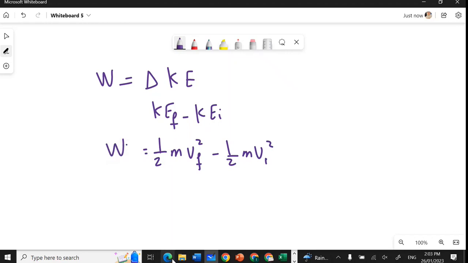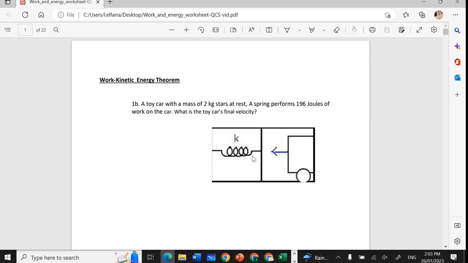Now we'll start solving the first question. We have a toy car with a mass of 2 kilograms. It starts at rest. A spring performs 196 joules of work on the car. What is the toy car's final velocity?